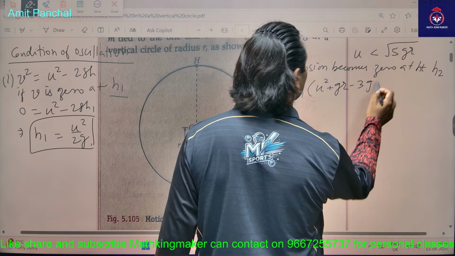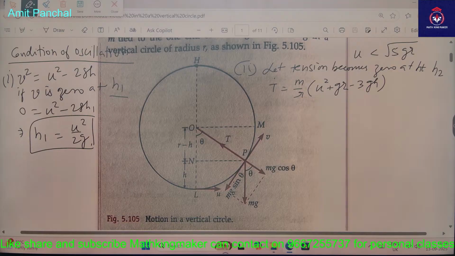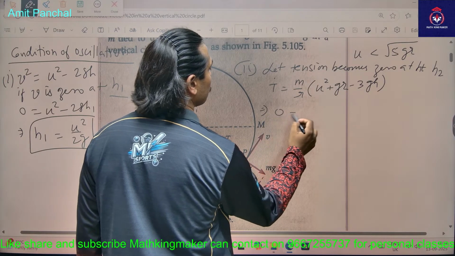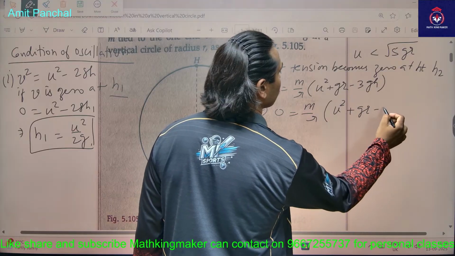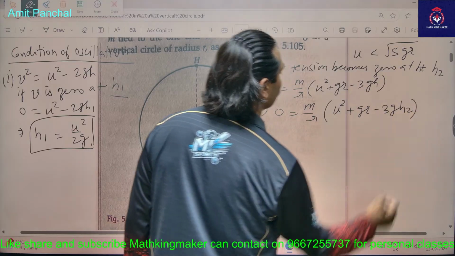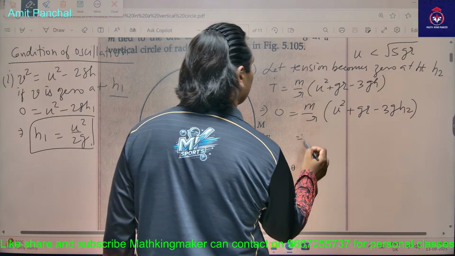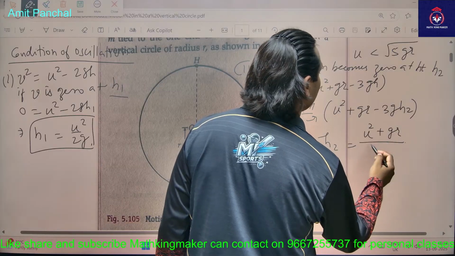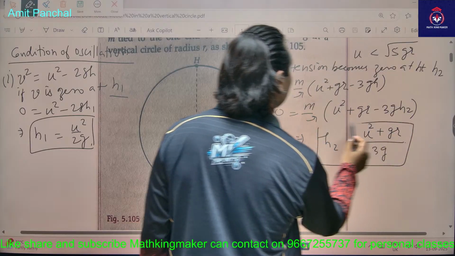Now your tension is becoming 0 at height h2, so just put that value into this. So T is equal to 0: m by r into u square plus gr minus 3g h2. So you can easily find h2 from this expression. Your h2 is u square plus gr divided by 3g. Got it or not?